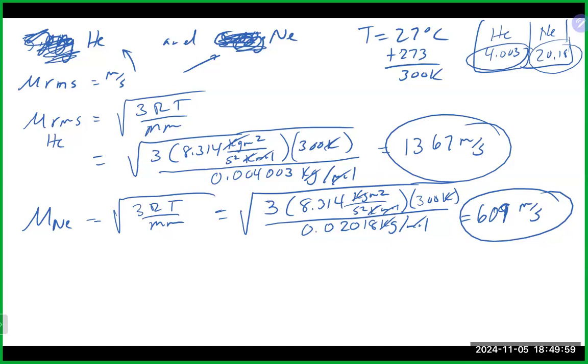That's roughly, I don't know, like 3,000 miles per hour, I guess, the helium, or something in that ballpark. And obviously, that guy's moving about 14 or something like that as well. So much, much slower. Any questions on root mean square velocity?